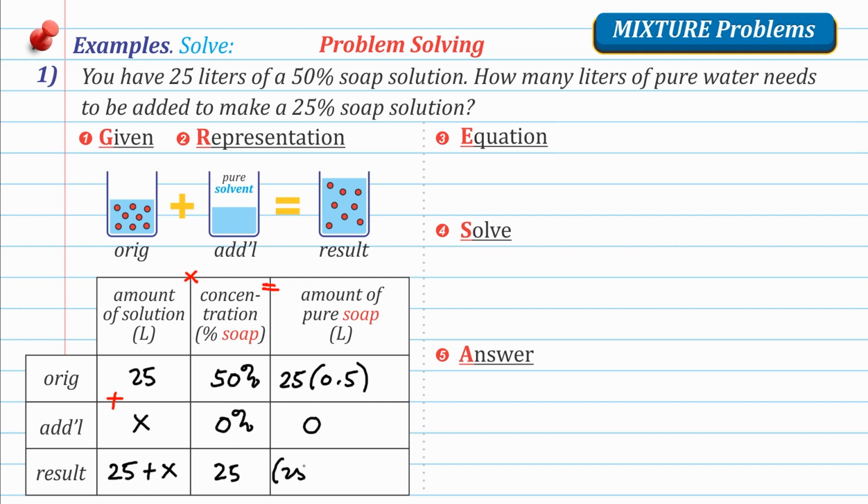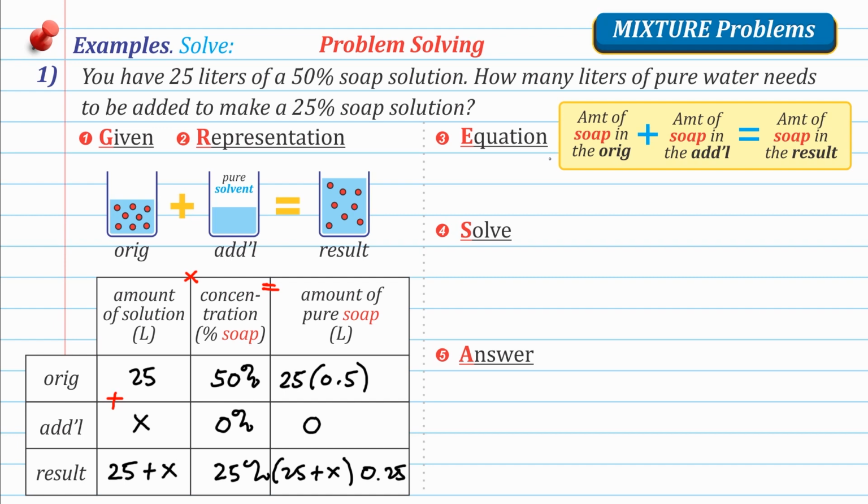We have 25 plus X times 0.25. Of course, we know the equation is always the amount of soap in the original plus the amount of soap in the additional is equal to the amount of soap in the result.